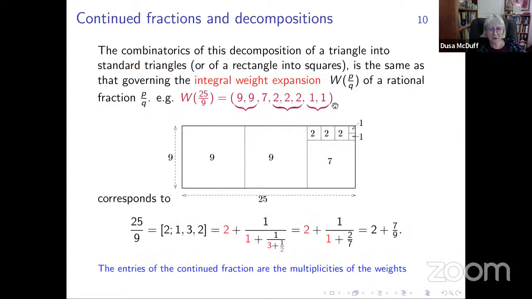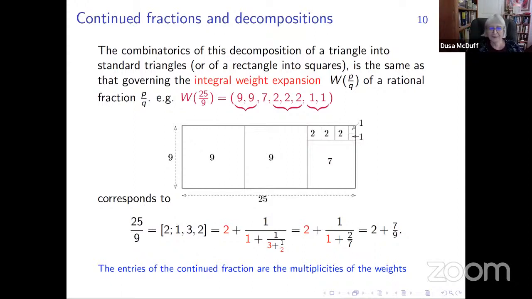But that string of numbers is related to the continued fraction decomposition, because you've got 2 9s, and so you put a 2 there, you've got 1 7, that gives you a 1, you have 3 2s, that gives you a 3, and you have 2 1s, and that gives you a 2, and that's the continued fraction expansion of this thing. So if you expand, this is 2 plus 1 over 1 plus 1 over 3 plus 1 over a half, and you just expand and see that it's the same.